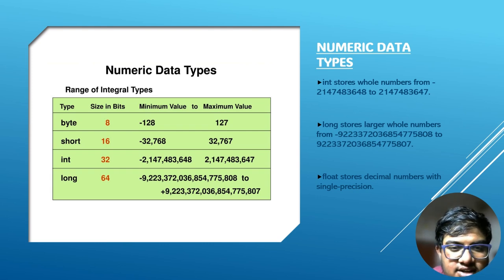Bytes and bits are different, so please do confirm that. There is also short, which takes 16 bits of data. You can check the range over here from minimum value to maximum value.